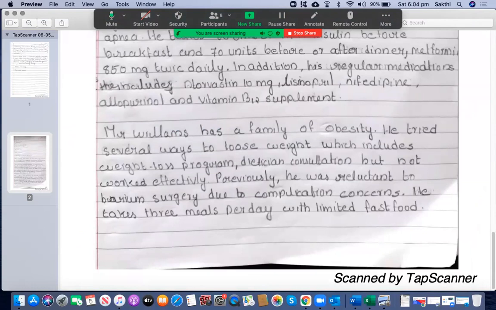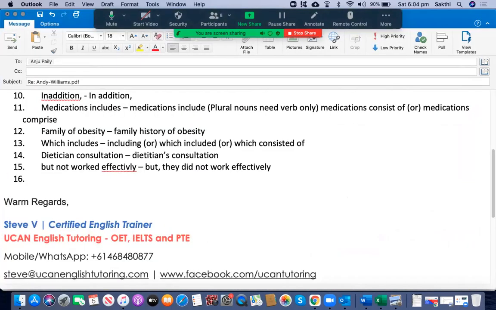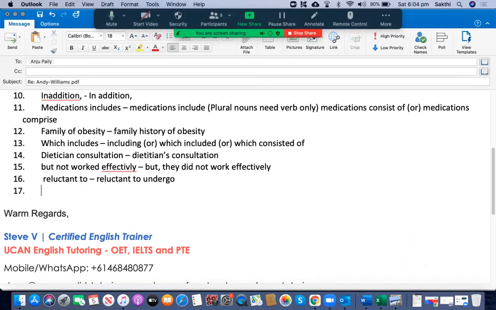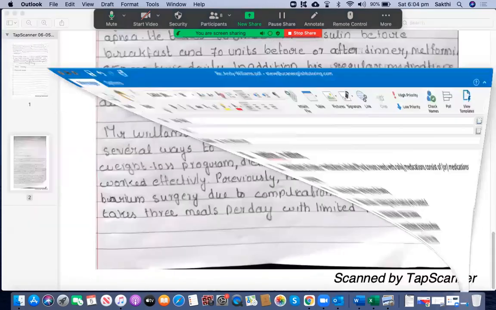"Previously, he was reluctant to barium surgery." So barium, that's a surgery. Reluctant to undergo barium surgery, isn't it? Reluctant to whatever the surgery, but you should have written "reluctant to undergo", and then the name of the surgery.